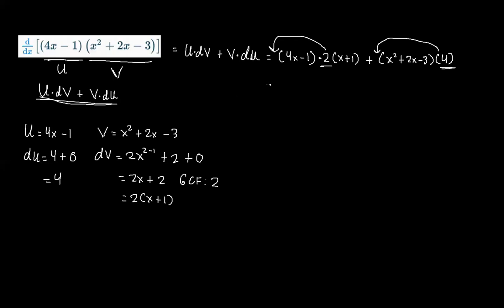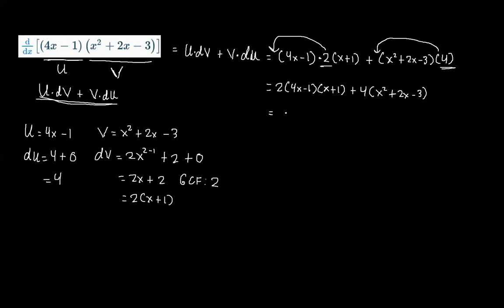So hence, I will have 2 times quantity 4x minus 1 times quantity x plus 1, plus 4 times quantity x squared plus 2x minus 3.